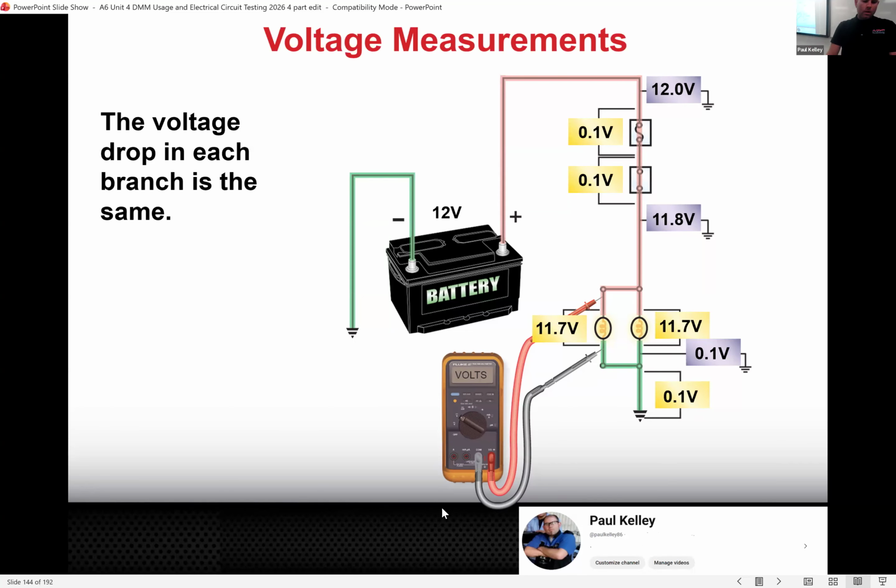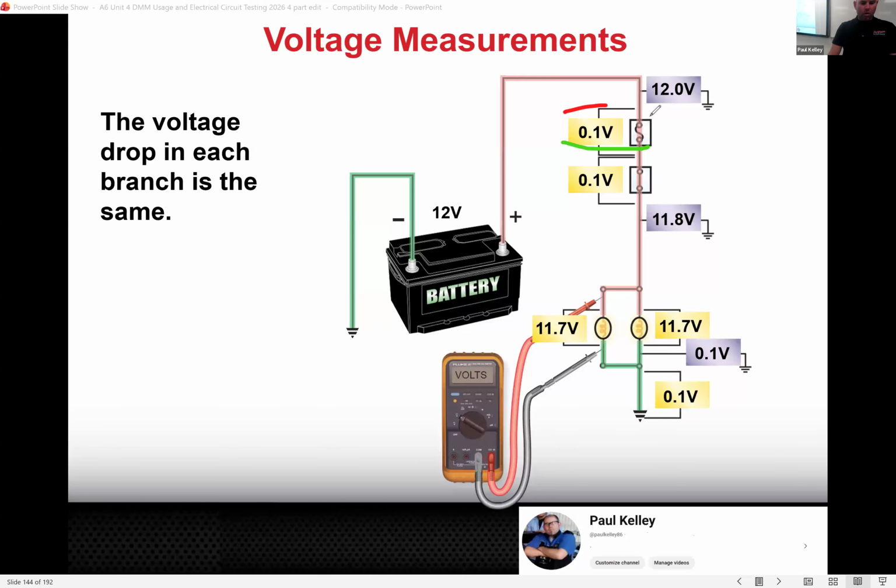Cool. So the other way you could do this is you could voltage drop, right? I described available. We had 12, we had 11.8, we had 11.7, 11.7, and we had 0.1. But we could also voltage drop it with the T-Rex arms, remember? We could have the red lead before the load. So I could have the green lead down here, and I could have the red lead up here.